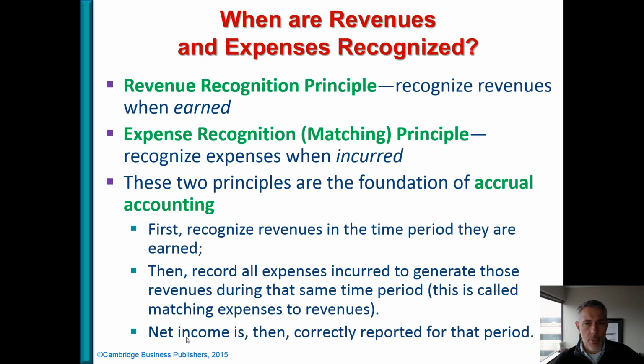If we buy goods and services in a 12-month cycle, we may buy the inventory and not generate the revenue for another 6 months. But we have to match those two things together somehow so that we can present financial statements that are meaningful to the user. And the user, in this case maybe the common stockholder, wants to know what it took to generate that net income. What did it take to generate those revenues, so we can assess how profitable a company is? And that's called the matching principle.